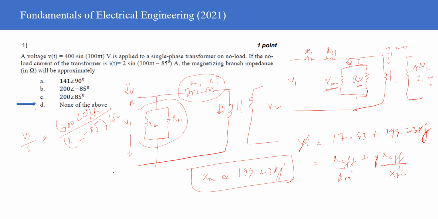Therefore the correct answer is D, that is none of the above. I'm hoping that this is clear to everyone. If not, feel free to pose in your queries in the next meeting, and I'll try to address them.